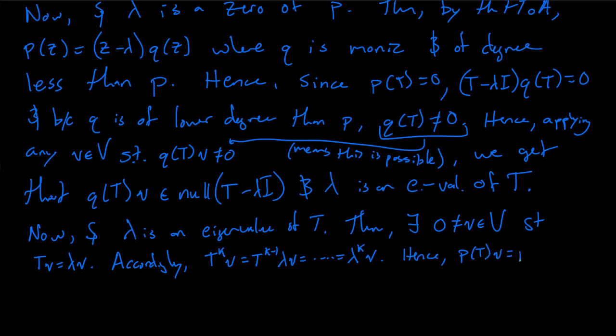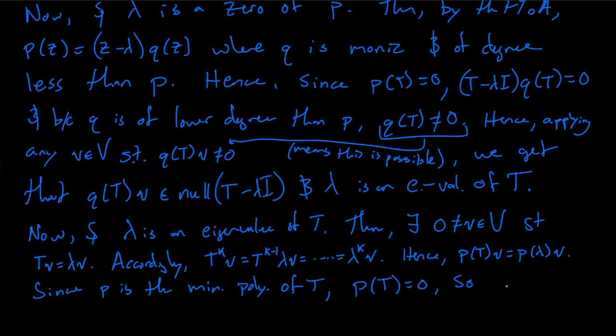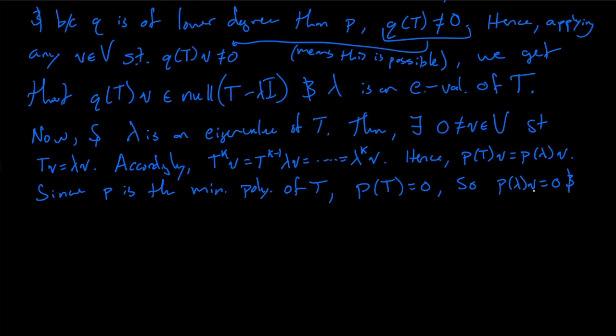Hence, p(T)v is p(lambda)v. Oh, okay. Since p is the minimal polynomial of T, p(T) equals 0, so p(lambda)v equals 0, and since this is a non-zero vector scaled by some scalar that is 0, p(lambda) equals 0 since v is not equal to 0.